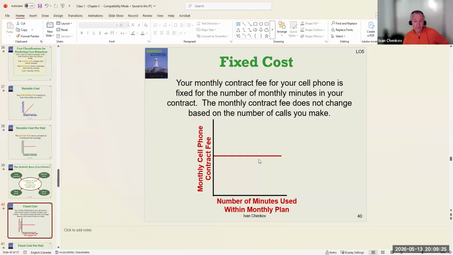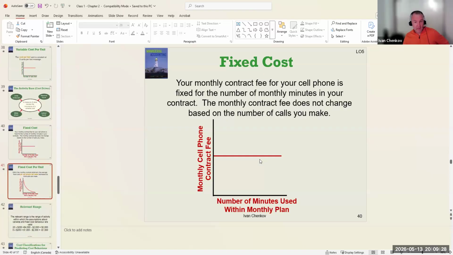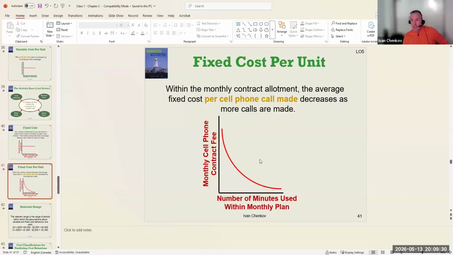Now let's see how the fixed cost per unit behaves. Let's go back to the cell phone. If you're paying $50 for unlimited texts, and you send only one text message, how much is the cost for that text message? $50.